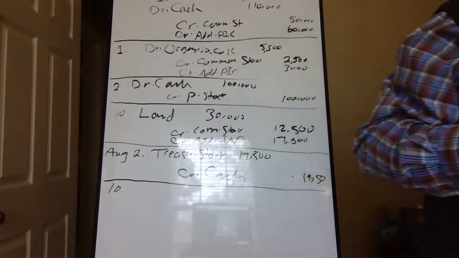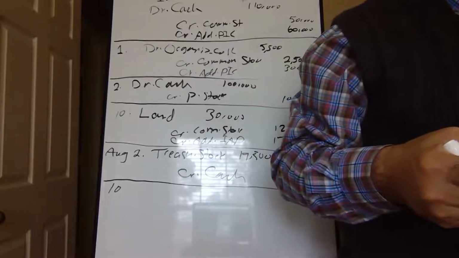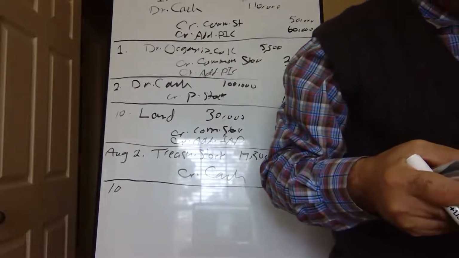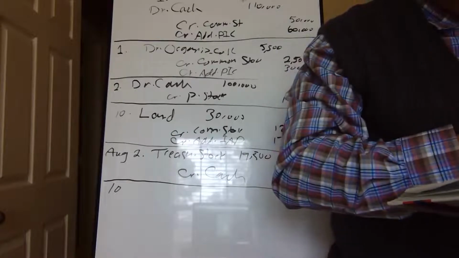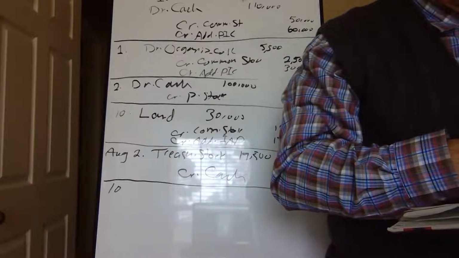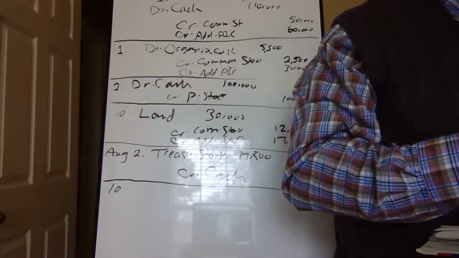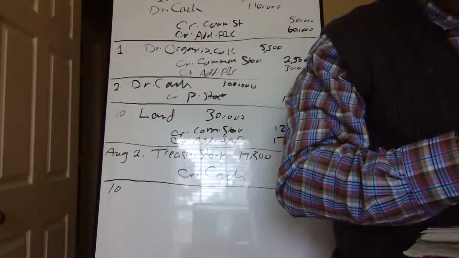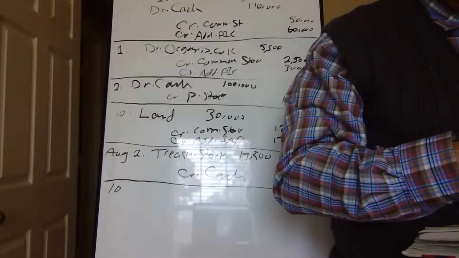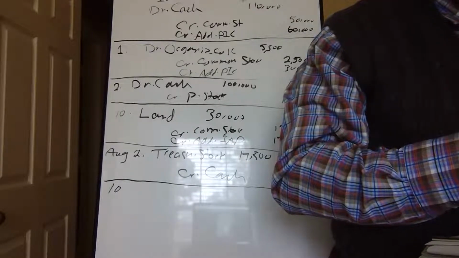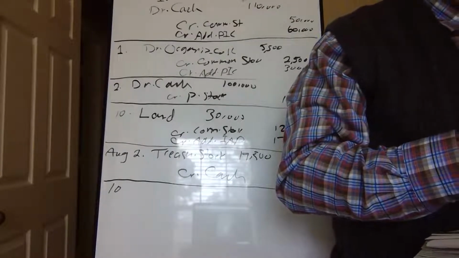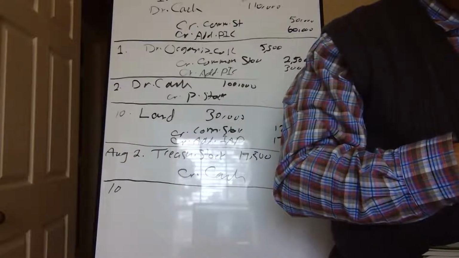August 10th, declared cash dividend for 1 month on the outstanding preferred stock and 2 cents per share on common stock outstanding, payable on August 22 to stockholders of record on August 12.